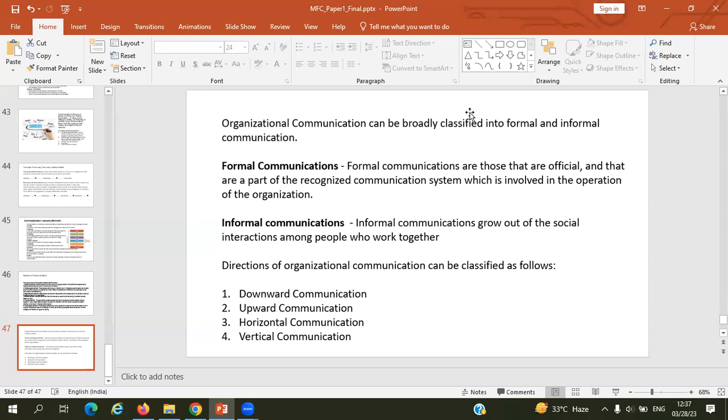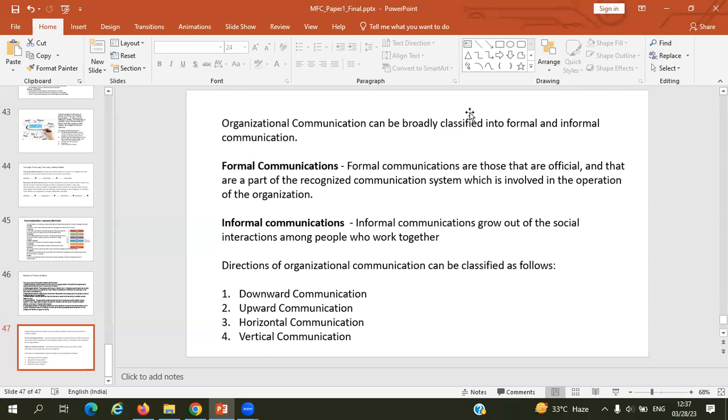So the nature is different here. The downward communication is natural or very much regular. Most of the times the higher authority gives commands to the lower authority. That is downward communication. But upward communication is not natural.